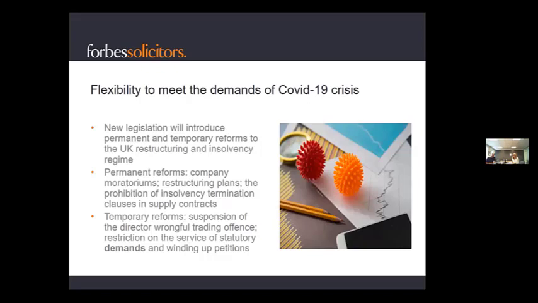We've already touched on some of the permanent measures that are now in place in respect of company moratoriums, restructuring plans, and the prohibition of insolvency termination clauses. What we'll go on to look at now are some of the temporary reforms that are in place: suspension of the director wrongful trading offence, and also restriction on service of statutory demands and presentation of winding up petitions.